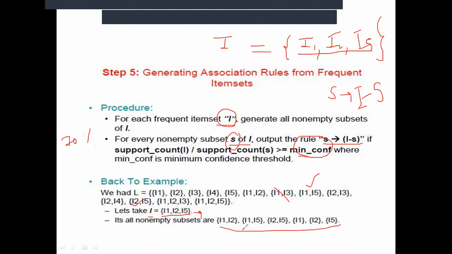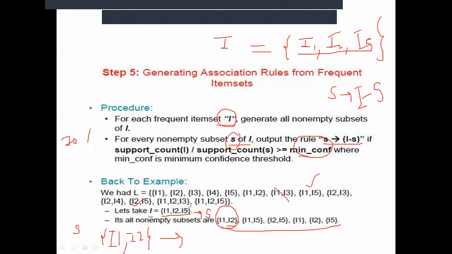Now, suppose I'm taking this one, I'll see, can I take this one in a rule? This is my S now. That means one rule can be from S to I minus S. That means from I1, I2, this is my S, to I. What is I?